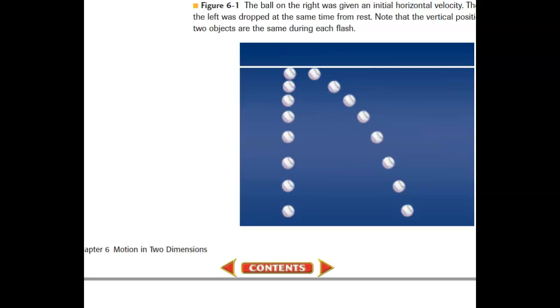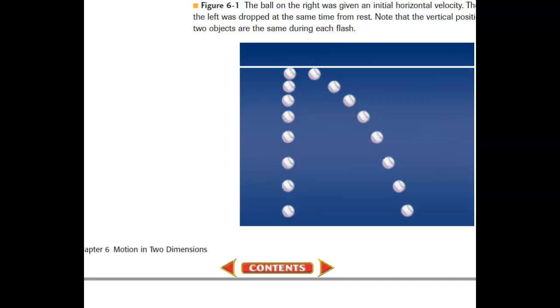The important thing that you have to keep in mind with two-dimensional motion is that just like with our forces, while we can say that each dimension is independent, we can do the same thing with our motion.